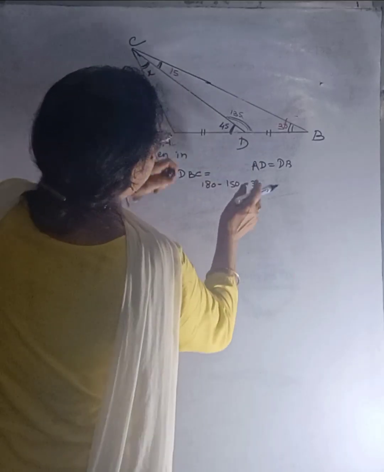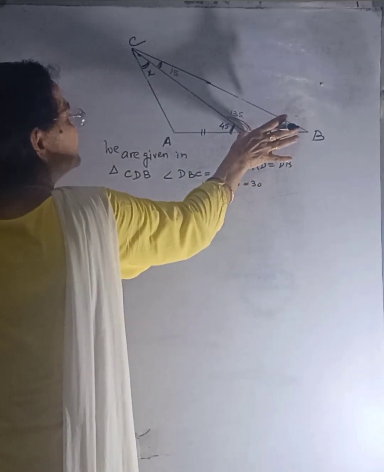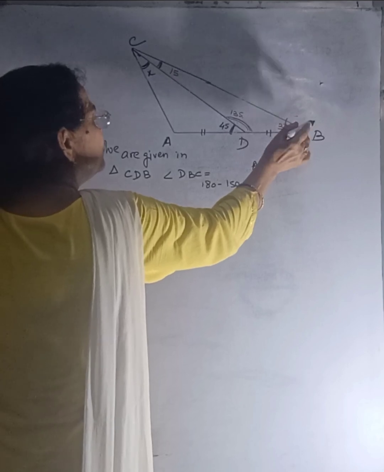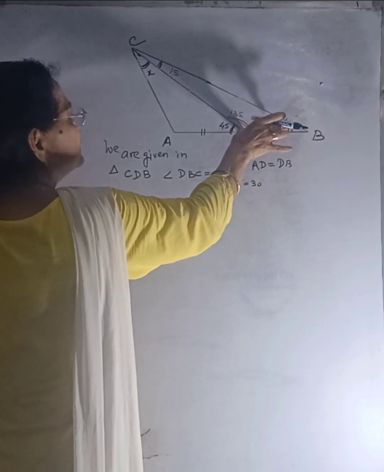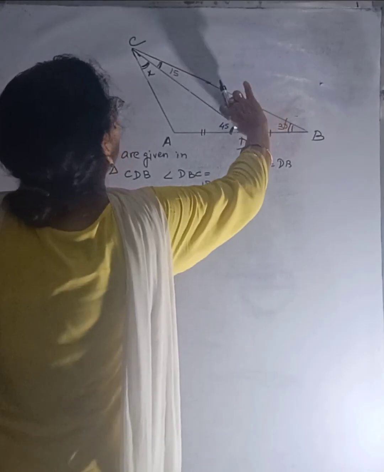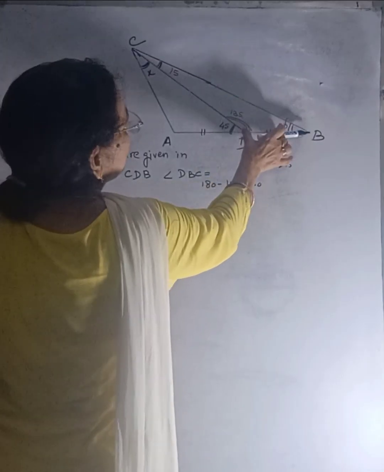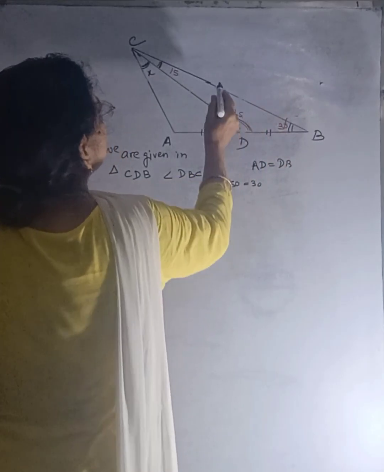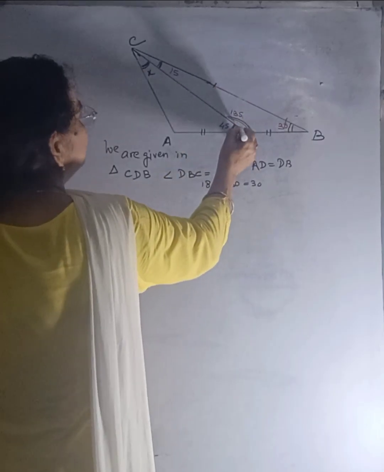Let us draw an arc with center D, an arc equal to DB. This is to be measured, and then we draw an arc over here in this way.